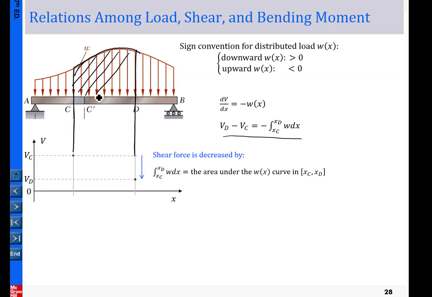If you are able to calculate this area, let me call it A. So the decrease is from VC to VD by the amount A, the area underneath the W curve. That is the meaning of this integration.